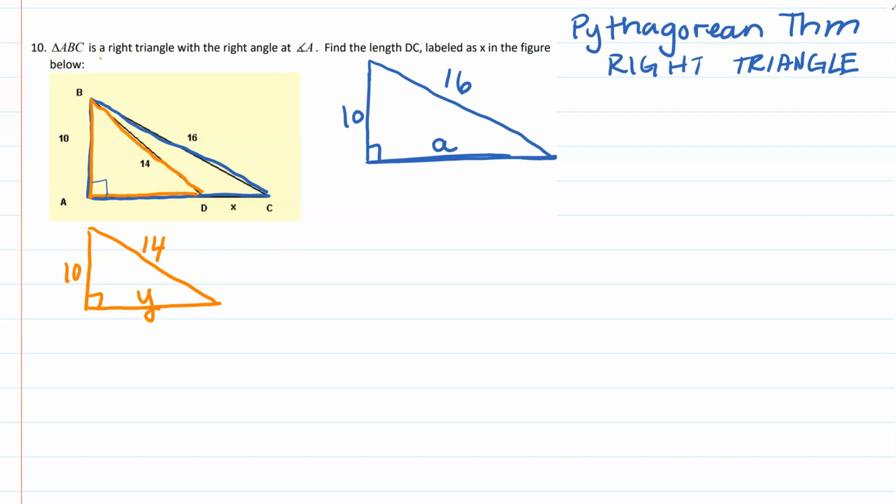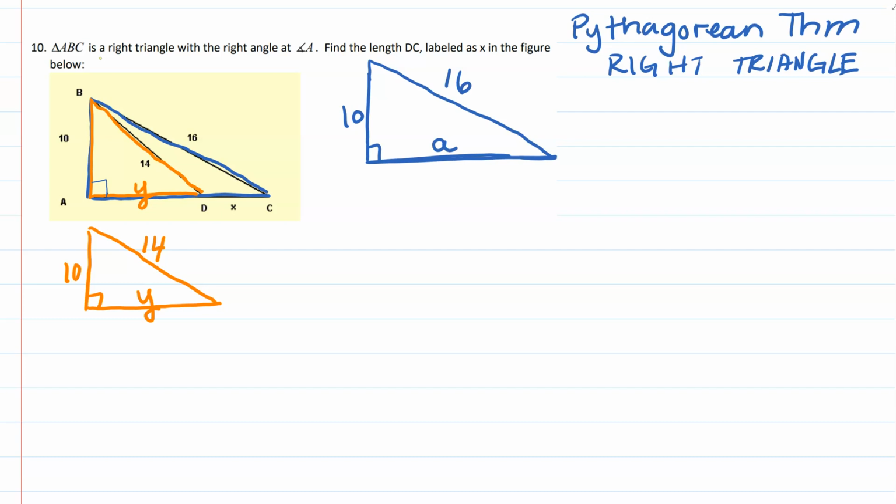Let's call that y because x is already used. So if we can find y and we can find a, then we can subtract and get x. So that's the plan.